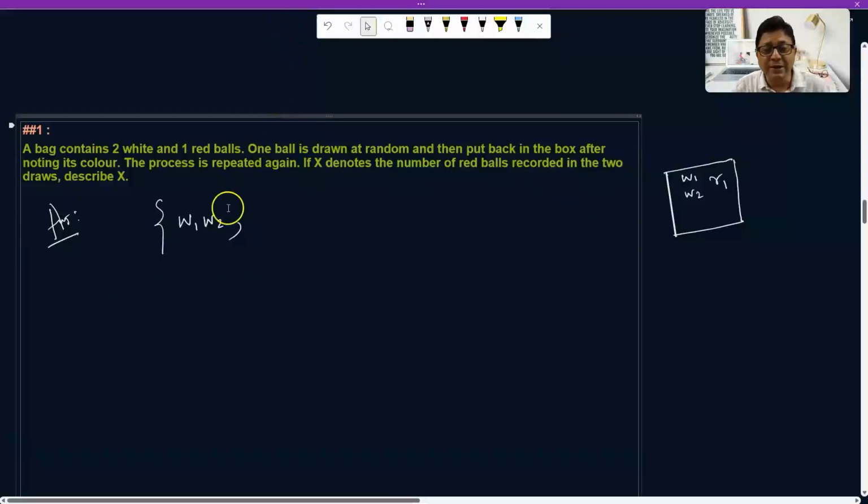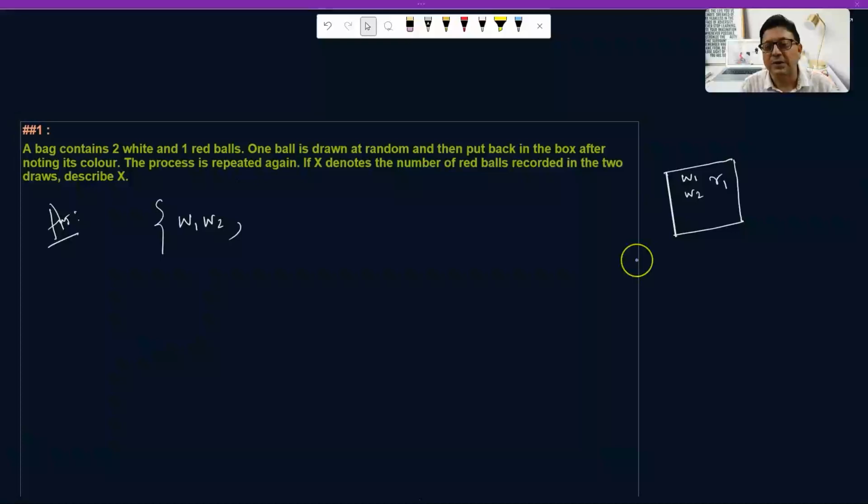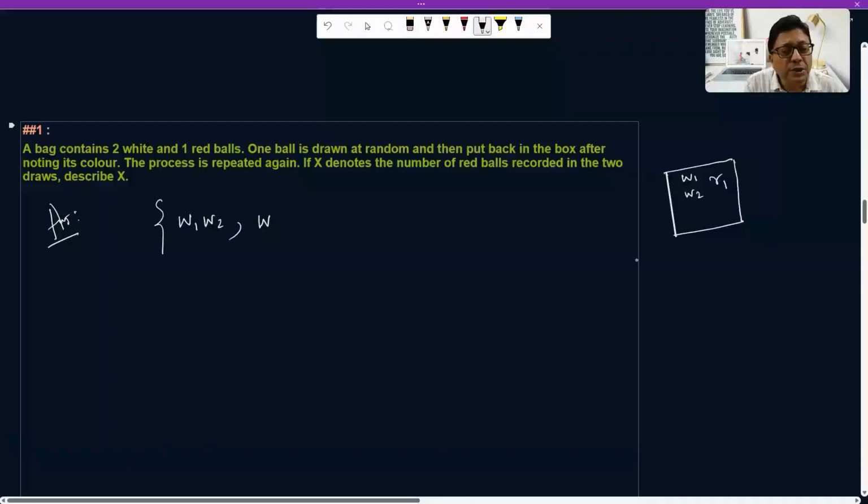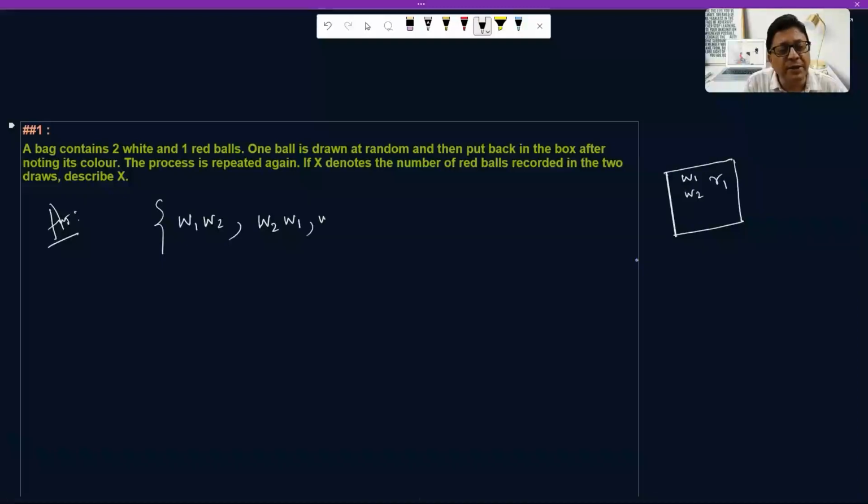You understand? First one may be white, then second one also white, but these white balls are distinct, and this is the other white ball. Maybe like this also: W2, the second white ball comes first, then W1, the first ball in the second trial.